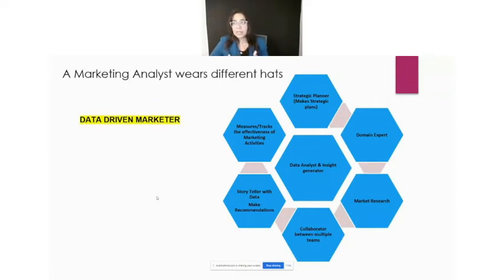A marketing analyst is a domain expert who understands how to analyze the data, generate insights from it, then tell a story with that data, make recommendations to other teams, collaborate with other teams, and is also really fine-tuned in marketing research techniques. So there are different hats which a marketing analyst could actually be wearing.